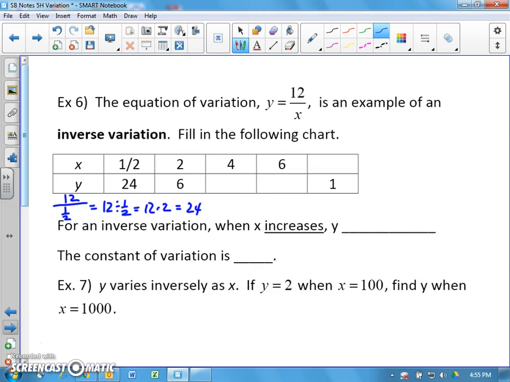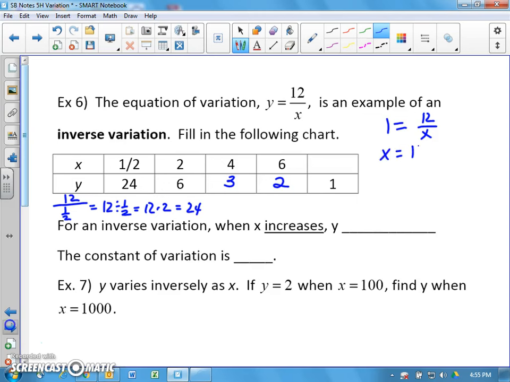12 divided by 2 is 6. Go ahead and complete the chart. 12 divided by 4 should be 3. 12 divided by 6 is 2. And if you can see this backwards, you can get it, or you can actually just use an equation. I know that y has to be 1, and I'm trying to find x. So to solve this, just like we've been doing with our rational equations, we would multiply both sides by x.